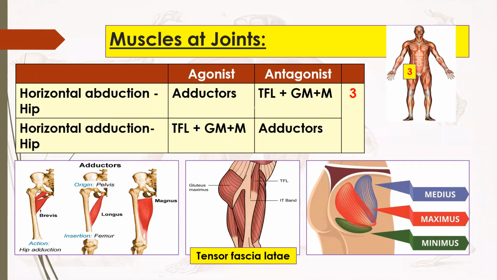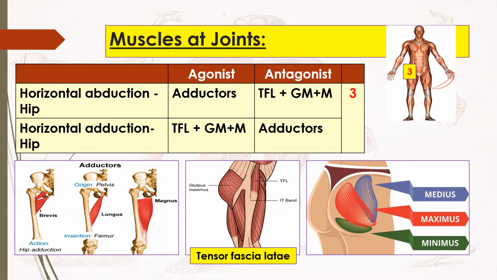During horizontal abduction, the hip's gone out and then it's moving backwards. Horizontal adduction is when the hip comes out to the side and then you bring it round to the front of your body, a bit like opening and closing the gate during a warm-up.